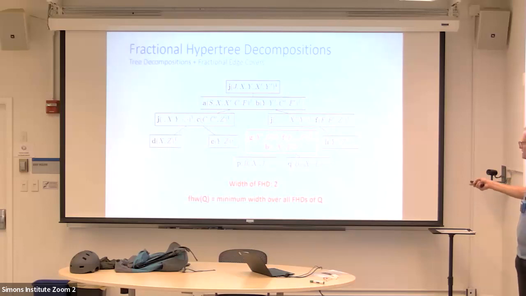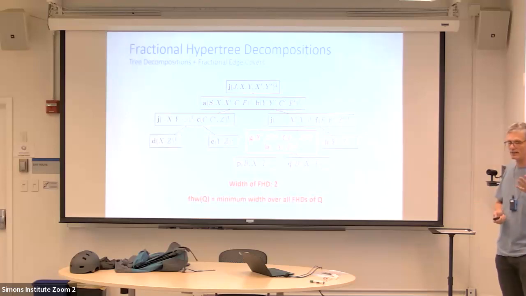The only interesting bag is this one where we essentially have a triangle, and it is known for a triangle you can do better than just taking 2 edges. You can put weight 0.5 on each of the 3 edges, and it turns out with this you have weight 1 on each of the endpoints of the triangle. So the fractional edge cover number can be smaller than the integral cover number.